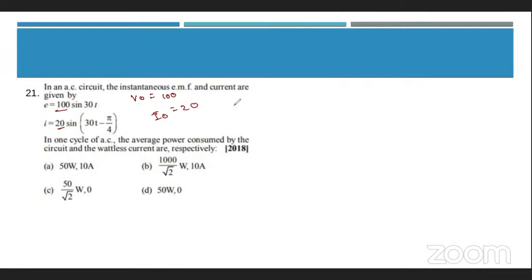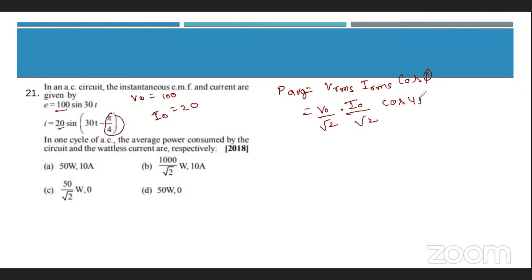We can substitute the values here. P average is equal to V RMS into I RMS into cos phi, where phi is the phase difference. V RMS is V naught over root 2, the peak value, and I RMS is I naught, the peak value of current, over root 2. The phase difference is 45 degrees.